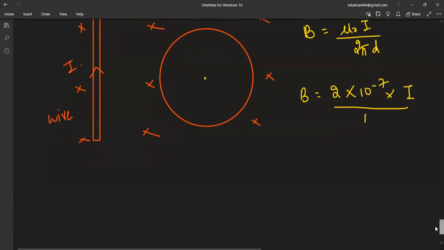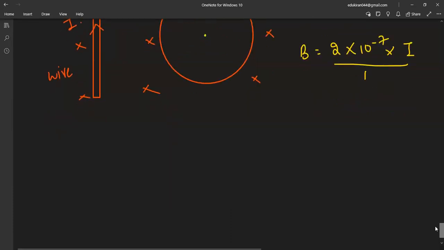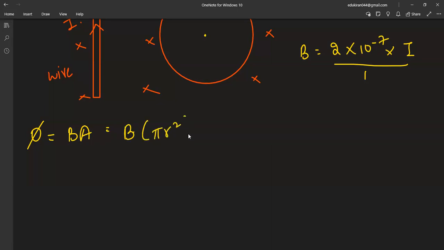Fine. Now, when I'm calculating the flux within the loop, the formula of magnetic flux is B into A. The area of the circular loop is pi r square. So the magnetic field is 2I into 10 to the power minus 7 Tesla.